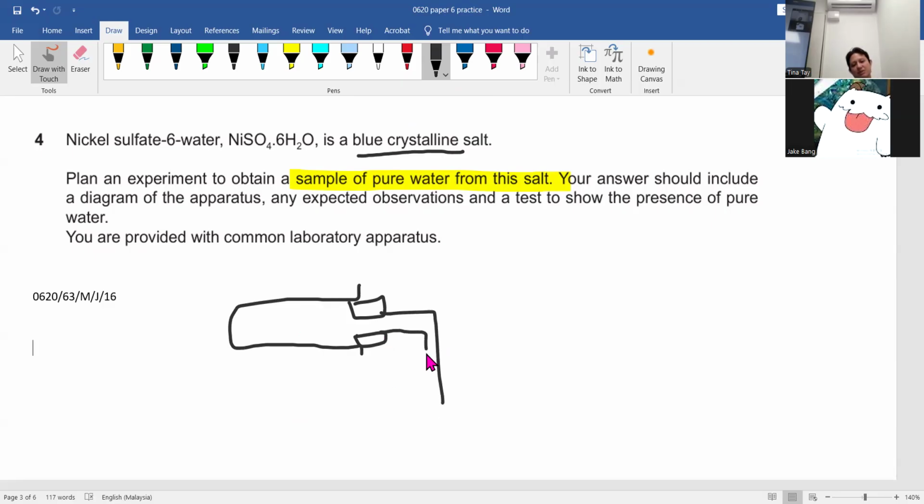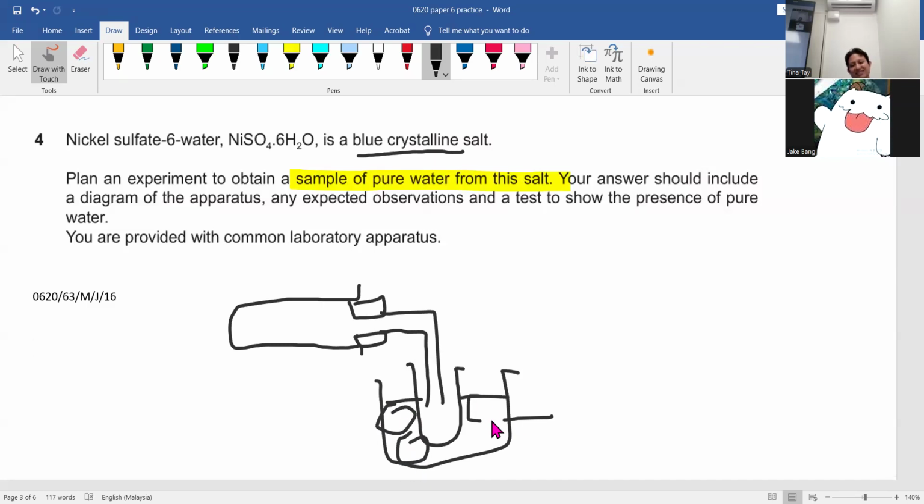Have you seen this before? What should I put here? Come on. No. Ice. And then here, copper sulfate.